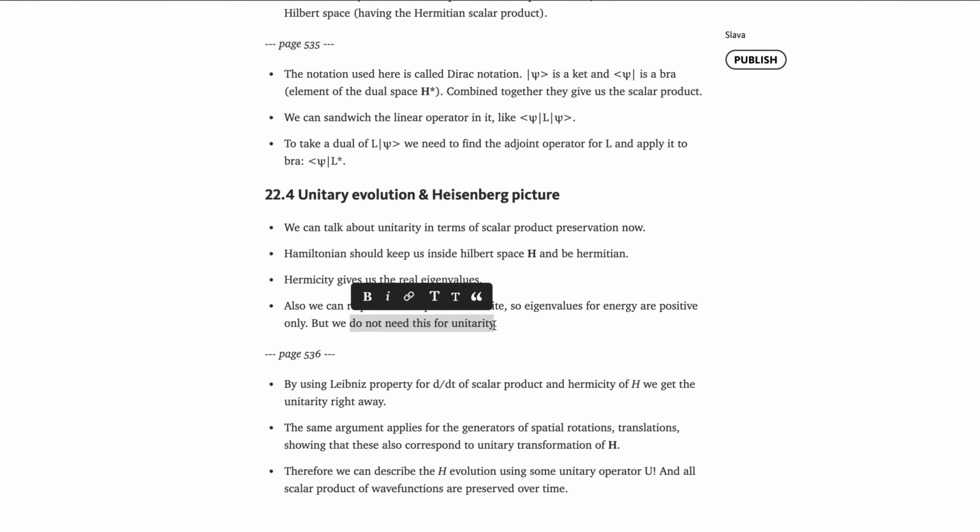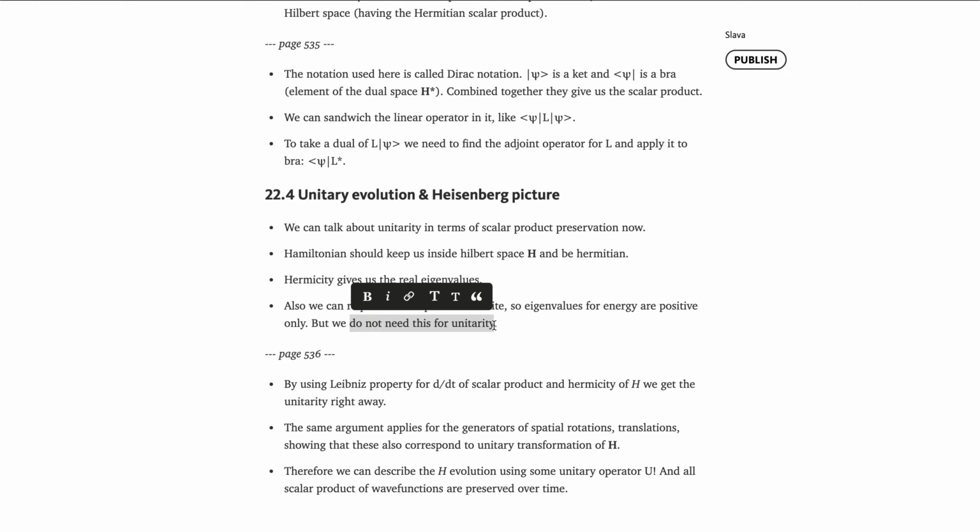On page 536, you can see the equation taking the d by dt of the scalar product of two wave functions, psi and phi.